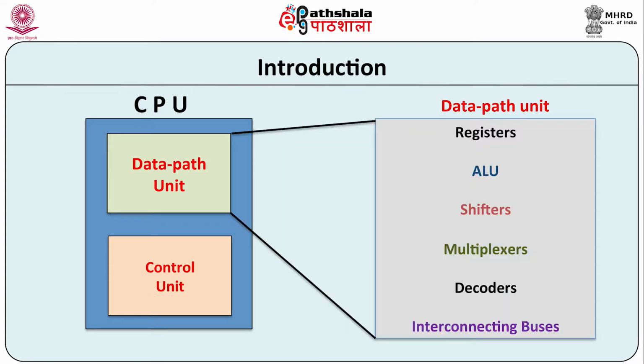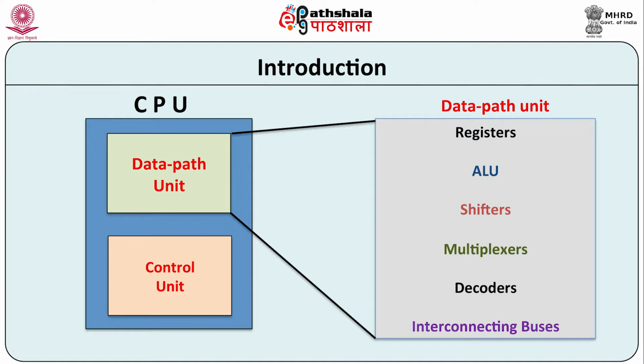It is worthwhile to further discuss the CPU in detail. The processor or CPU is an active part of the computer which does all the work of data manipulation and decision making. The data path unit is the hardware that performs all the required operations, for example, registers, ALU, shifters, multiplexers, decoders and interconnecting buses.